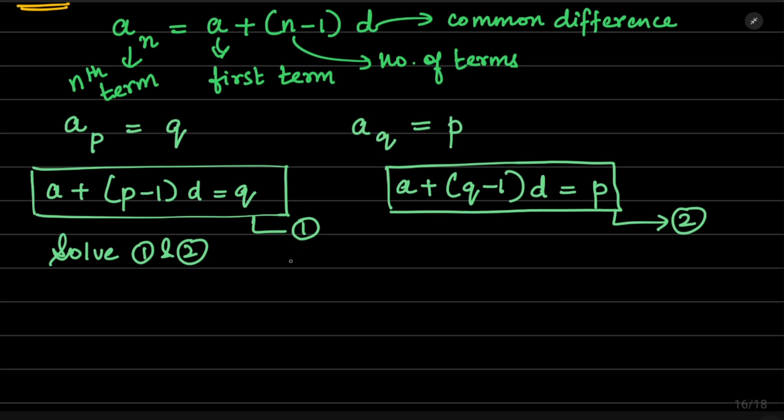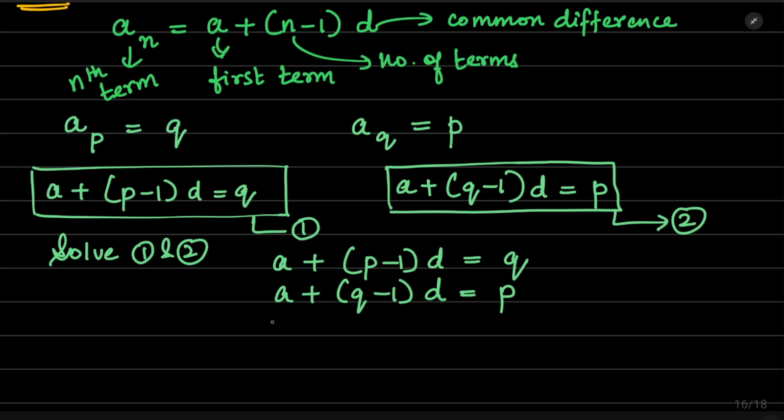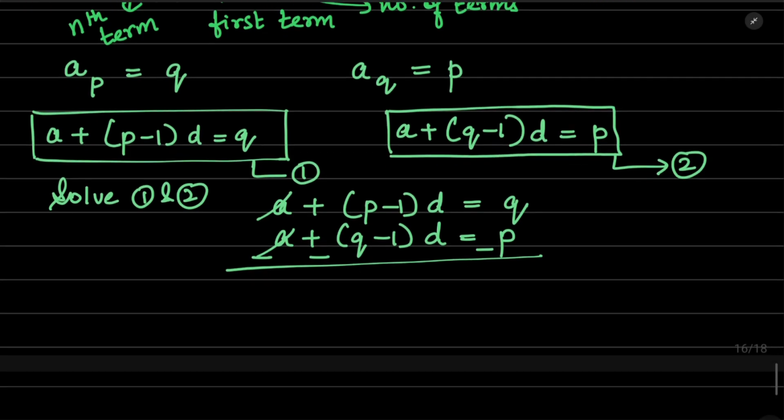So when you solve 1 and 2, what do you see? A plus P minus 1 into D is equal to Q, and A plus Q minus 1 into D is equal to P. So just subtract it. Your A and minus A will get cancelled. You have to consider the sign because you are subtracting the two linear equations.